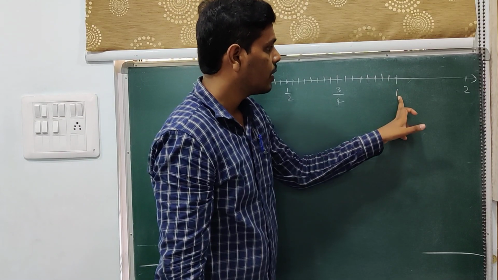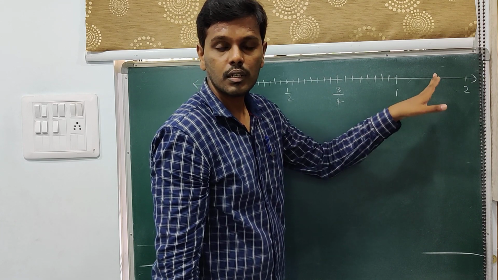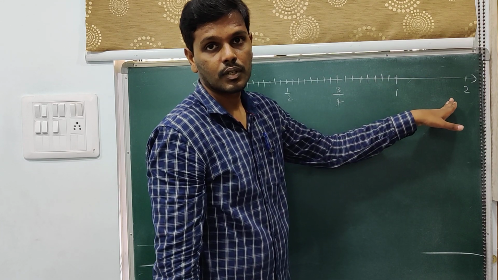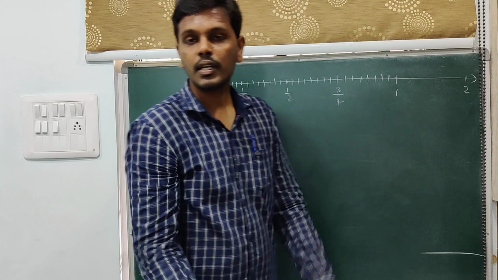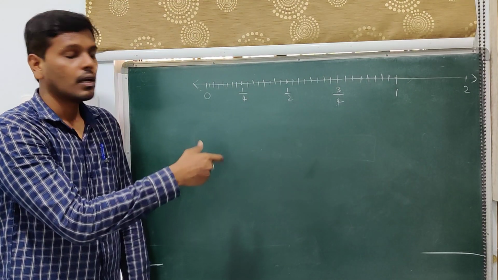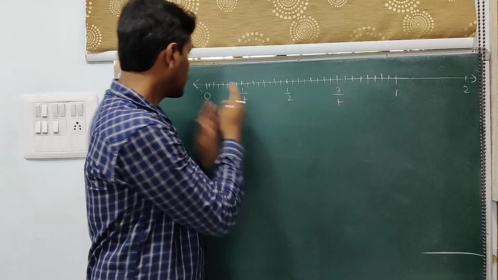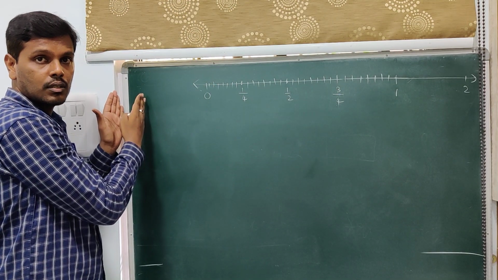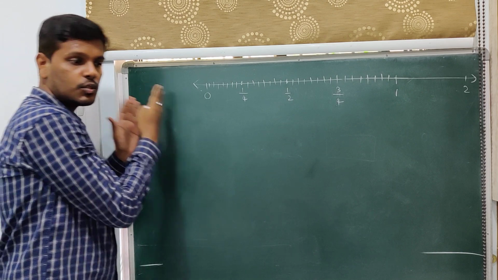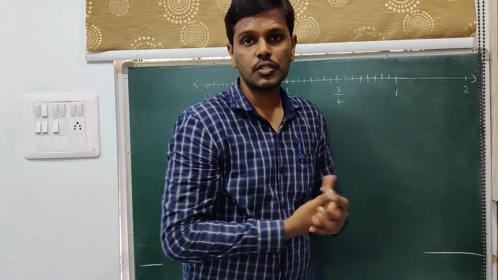Like the same, if you go about with 1 and 2, we can apply the same argument here. That means between 1 and 2 you have infinitely many points. On the same argument, you can assign each point to each rational number. You can also go in this direction, and you can assign each point to a rational number.